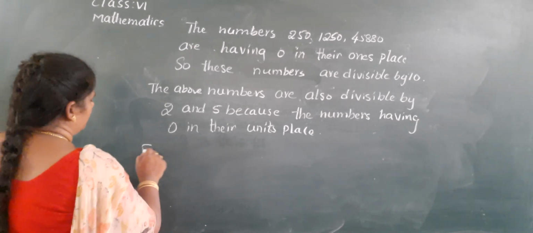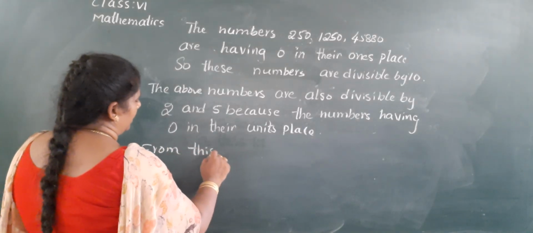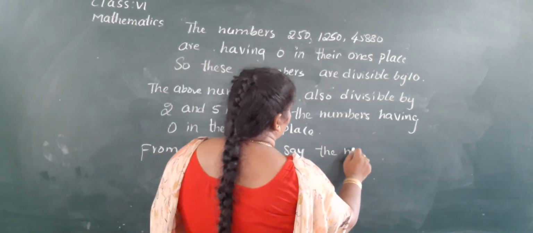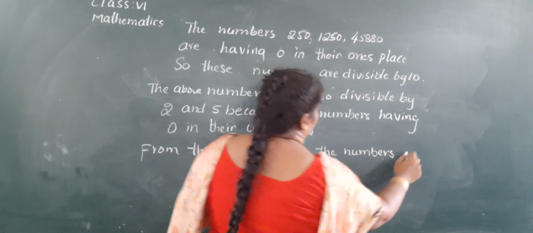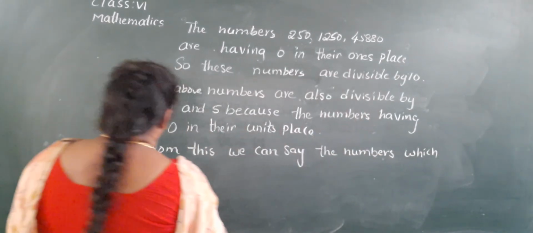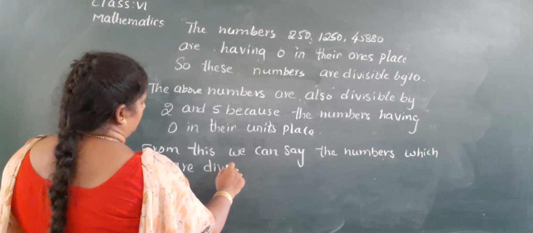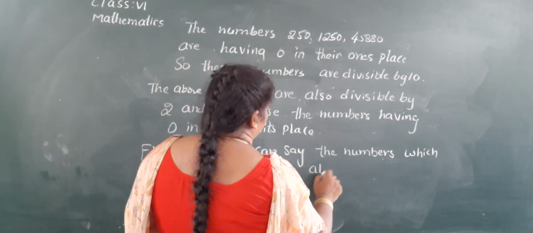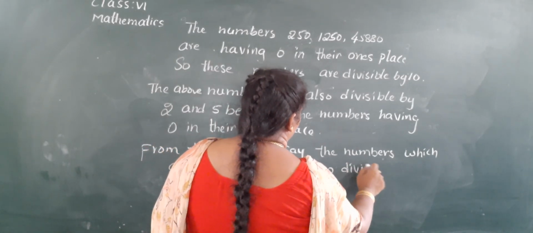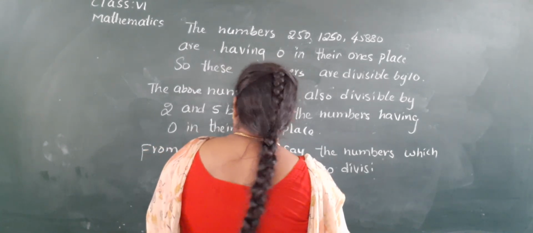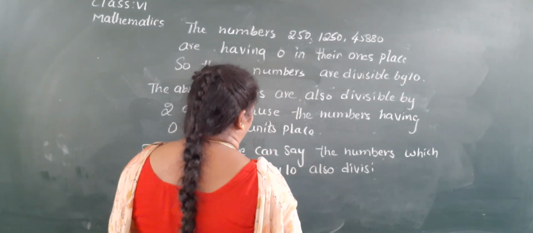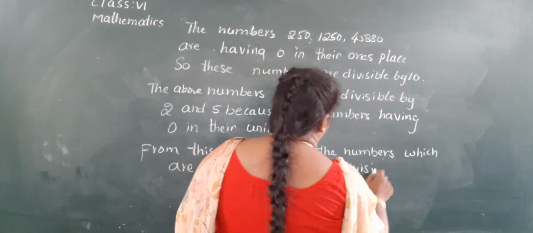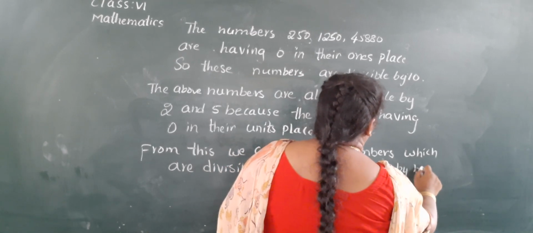So last conclusion, from this we can say the numbers which are divisible by 10 are also divisible by both 2 and 5.